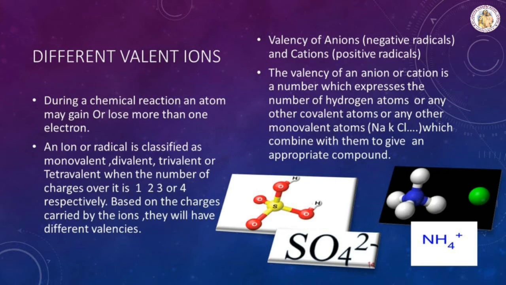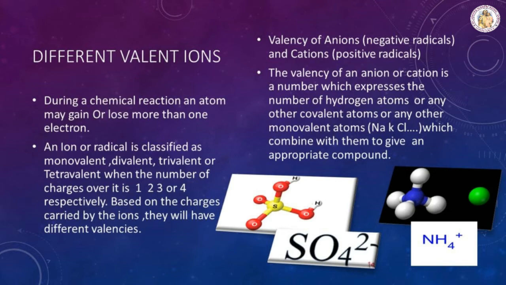Next, valency of anions and cations. The valency of an anion or cation is a number which expresses the number of hydrogen atoms or any other monovalent atoms like sodium, potassium and chlorine, which combine with them to give an appropriate compound. For example, two hydrogen atoms combine with one sulfate ion to form sulfuric acid.